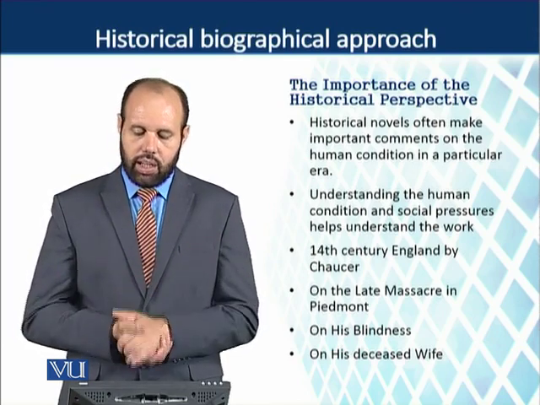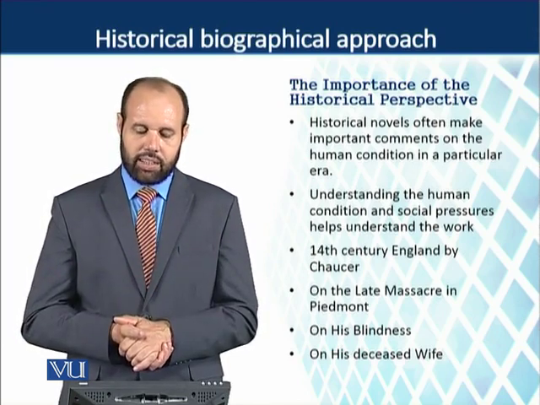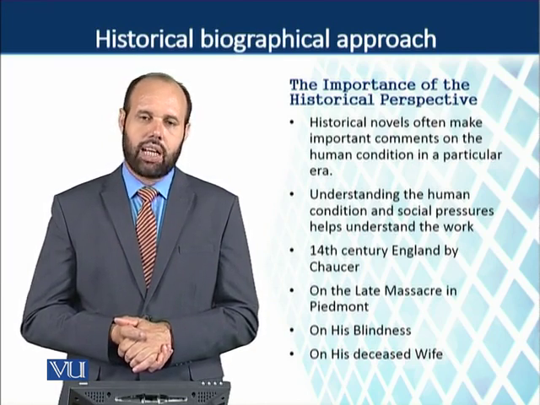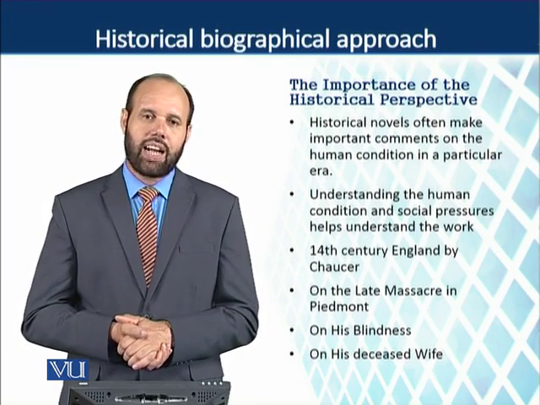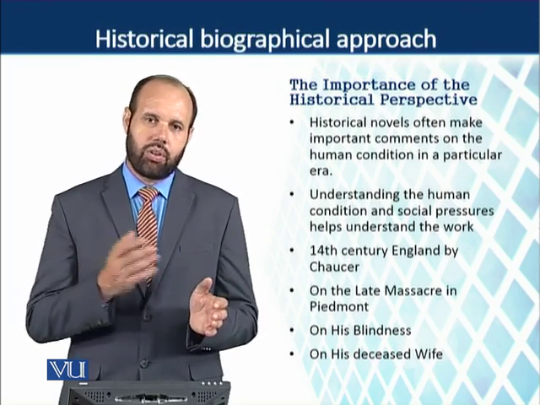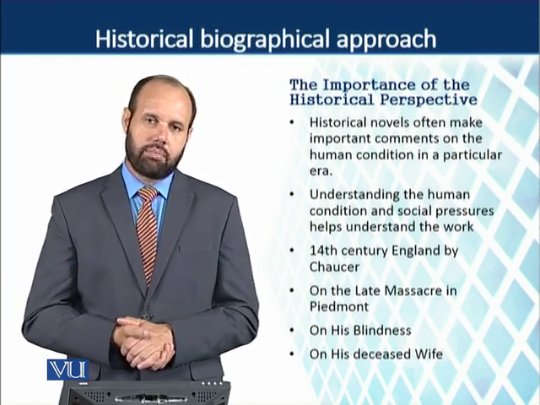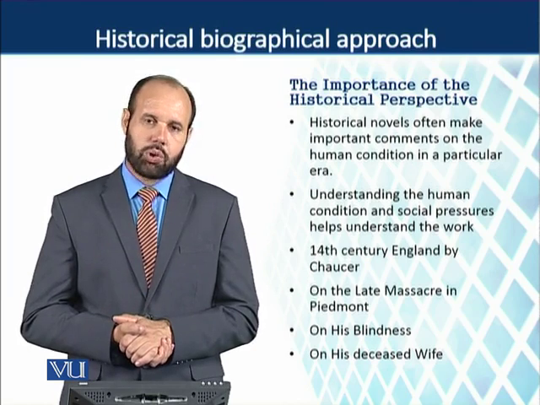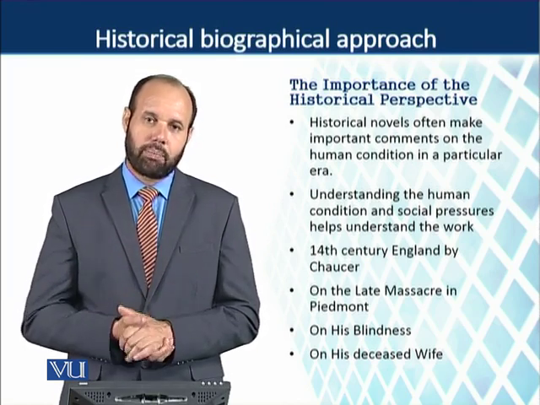His ode related to the late massacre in Piedmont could be very well understood in the background of the events which were active at the background of the poem, right?